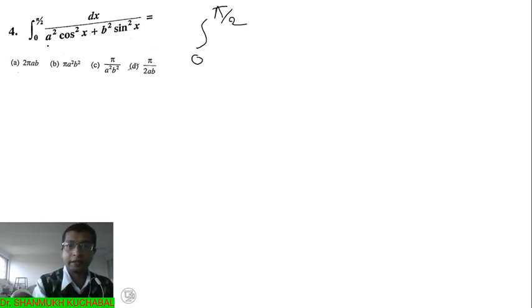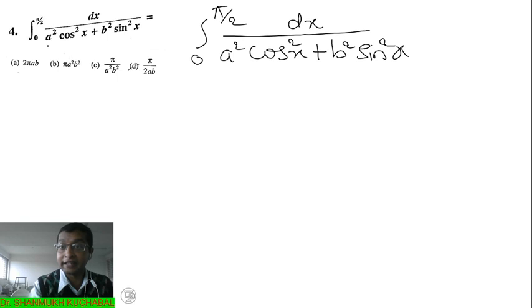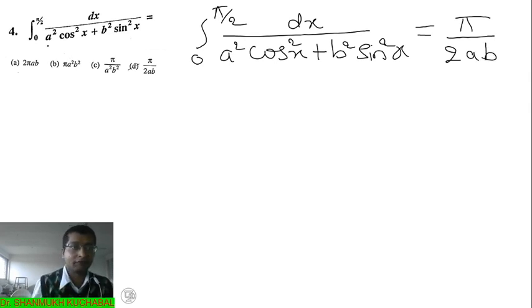Integration of this is pi divided by 2ab. Therefore here it is the same function. Therefore option D, pi divided by 2ab, is the right answer.